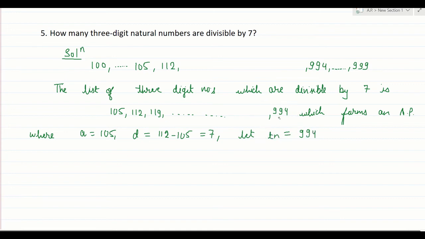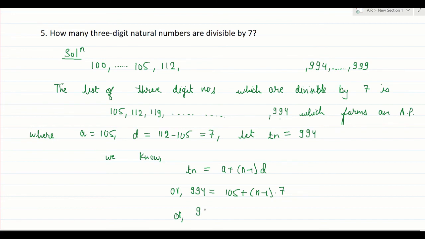We need to find out the number of terms present over there. So we know Tn is equal to A plus (n minus 1) D, or Tn we have supposed 994 equals A, the first term, which is 105, plus (n minus 1) is not known to us, and D, the common difference, is 7. Now we will solve this equation to get the value of n.